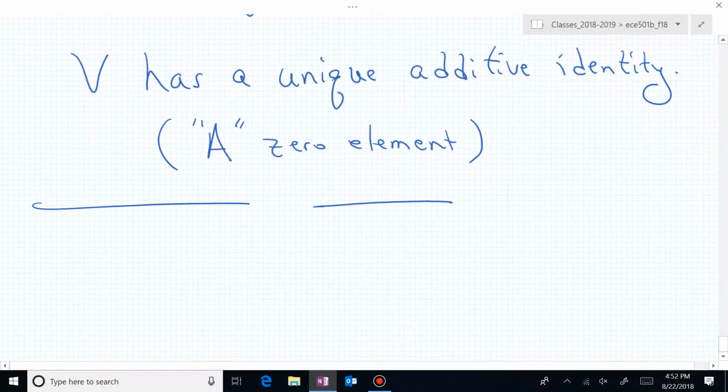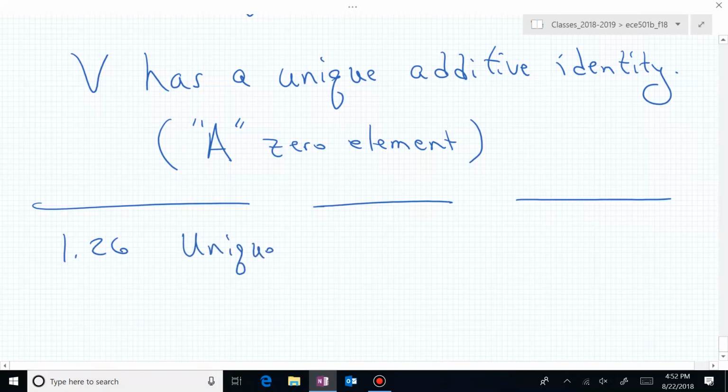A unique zero element. 1.26, we have a unique additive inverse.